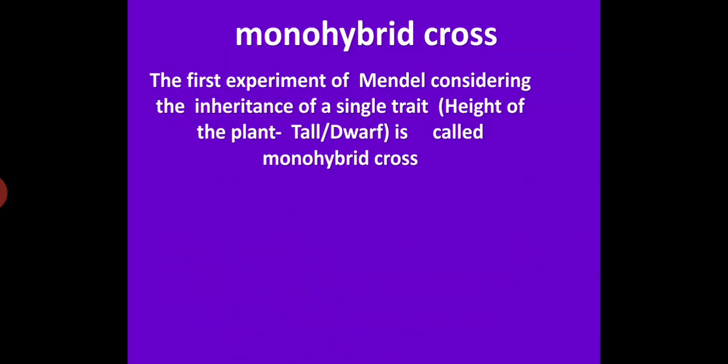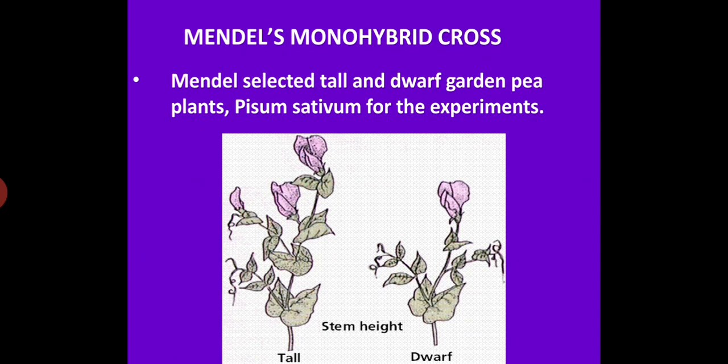First, we will look into Mendel's monohybrid cross experiment. The first experiment of Mendel, considering the inheritance of a single trait, that is the height of a plant, tall or dwarf, is called a monohybrid cross.